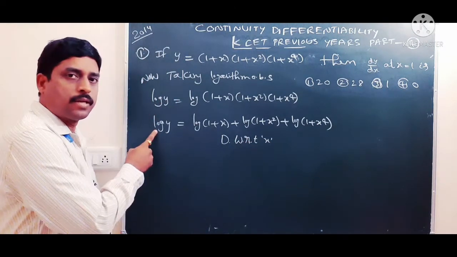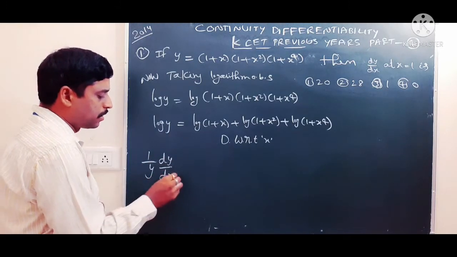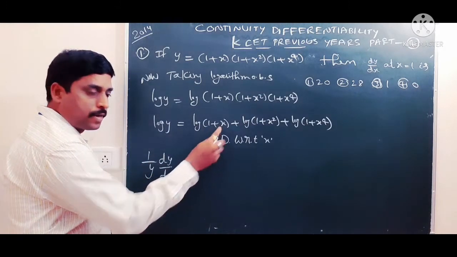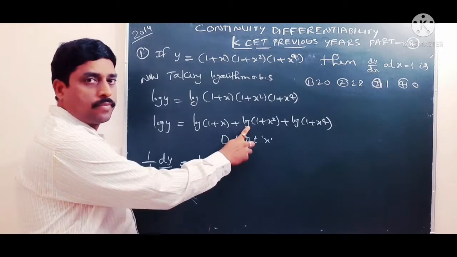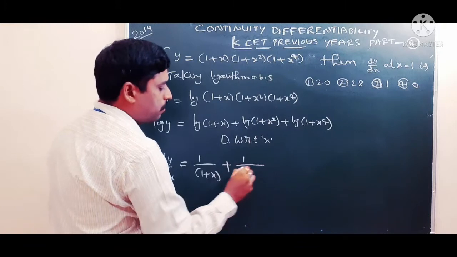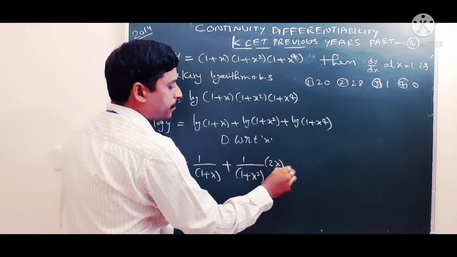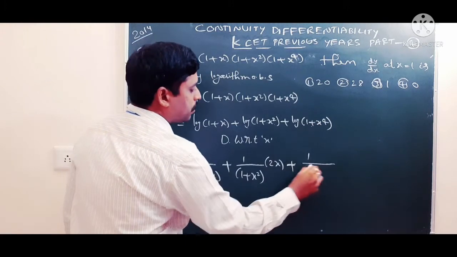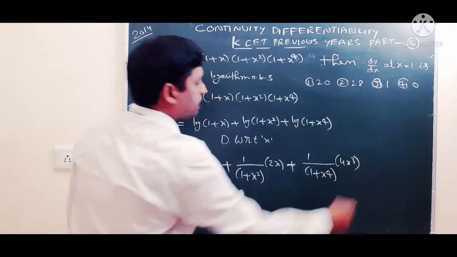So differentiation of log y is 1 by y into dy by dx. Differentiation of log (1 plus x) is 1 by (1 plus x). Differentiation of log (1 plus x square) is 1 by (1 plus x square) into, but x square derivative, 2x. This is also the same: 1 by (1 plus x to the power 4) into 4x cube.